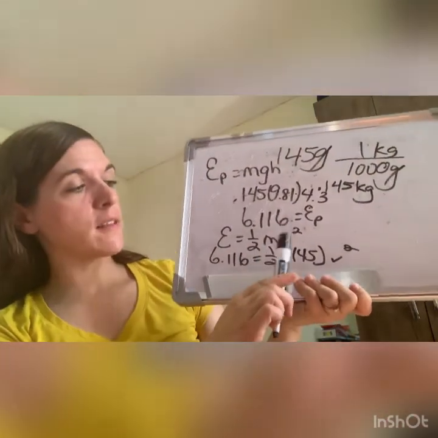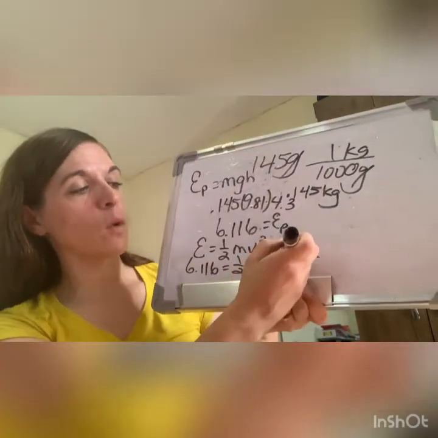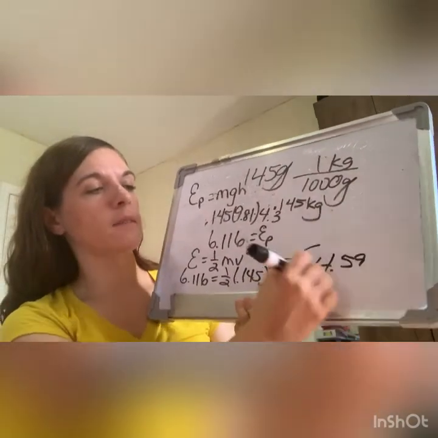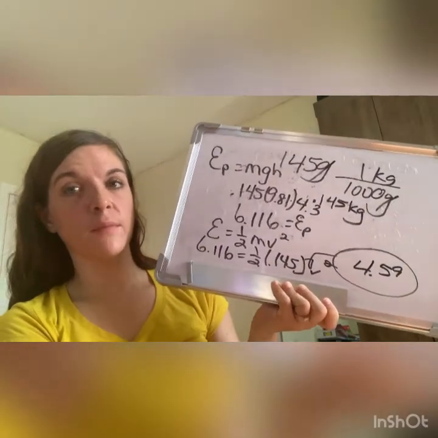So again, you multiply these two together, you divide over here, and you take the square root, and you're going to end up getting 4.59 for your answer there. Okay, that's how you do the math of converting potential energy into kinetic energy, and I didn't want you to do that alone. I wanted to make sure that you completely understood it, okay?